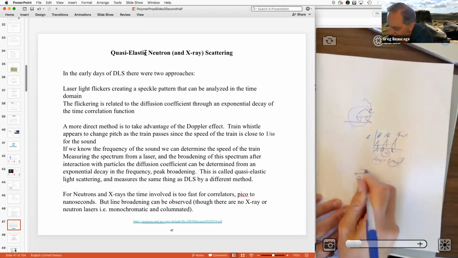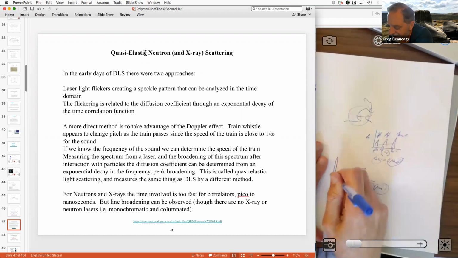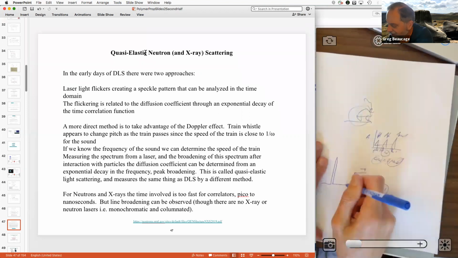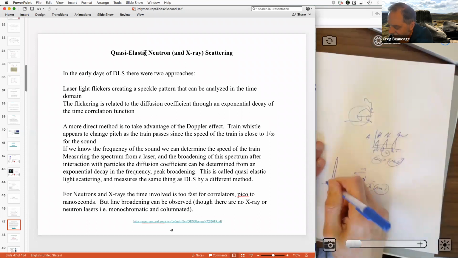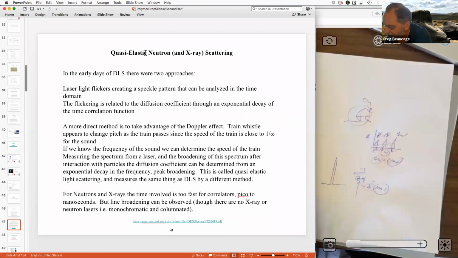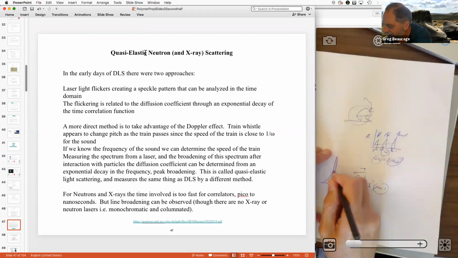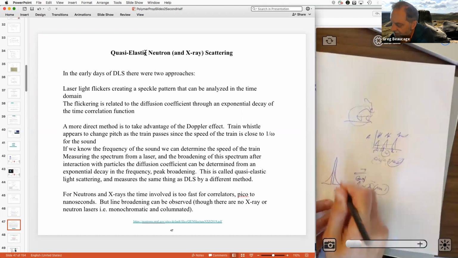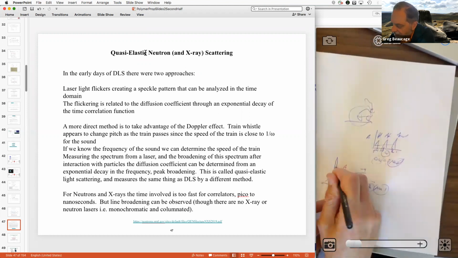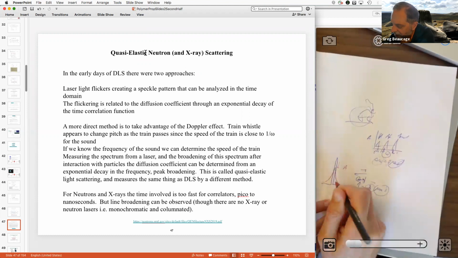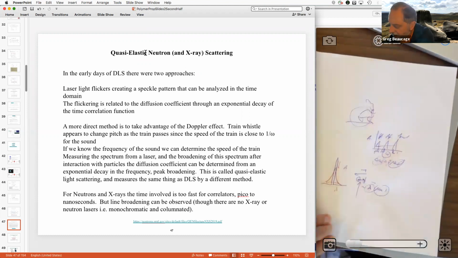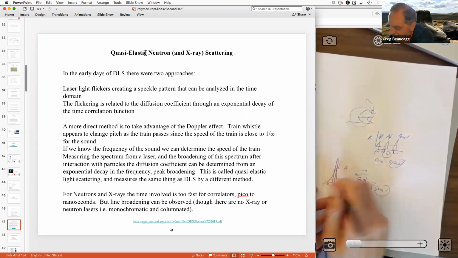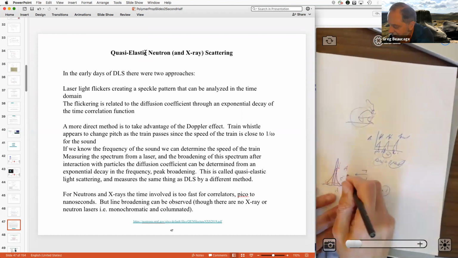If you had perfectly monochromatic light, say a laser, and once they had lasers they could do this, then once the particles were in there, you'd see this shoulder on it that has to do with the trains flying by. This is wavelength, this is amplitude. So you get a diminishing of the peak and a broadening of the pattern, and the amount of that broadening is an exponential decay, like exponential minus lambda over some kind of correlation length.